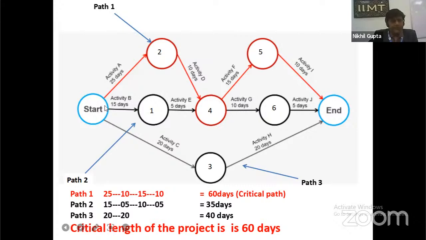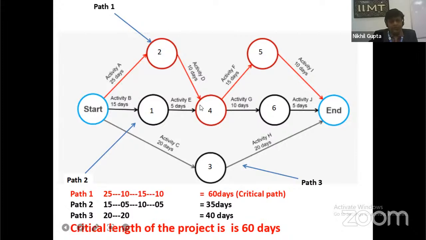This is also an example in which this is the starting event. Event 1 takes 15 days. Activity 8 takes 25 days. Event 2 follows activity D, 10 days. Event 4 follows activity F, 15 days. Event 5 follows activity I, 10 days, and then the endpoint.